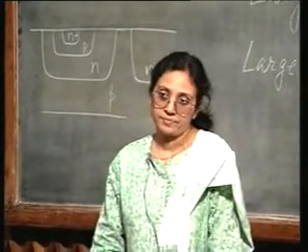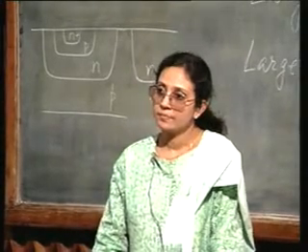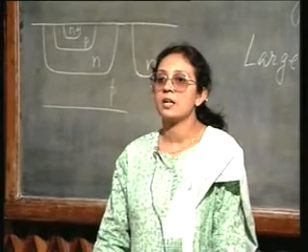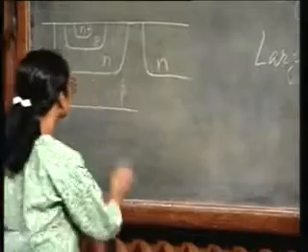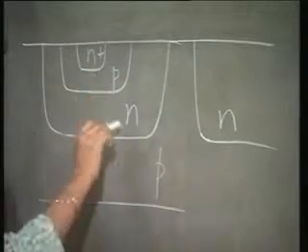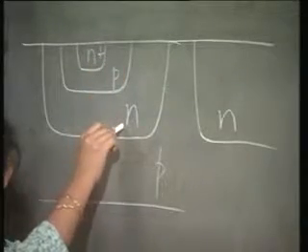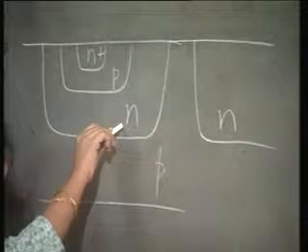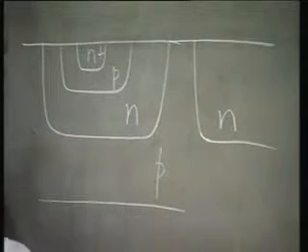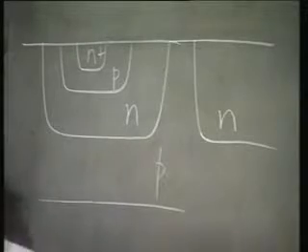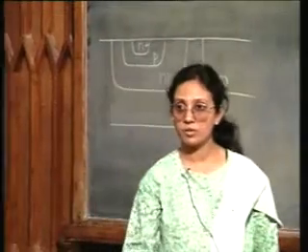But at what price? The price you pay is in terms of collector resistance, because now you have 3 successive diffusions. Obviously, the N doping concentration has to be the smallest of these 3 regions. The N doping concentration has to be the smallest, because you are doing successive diffusions, right.